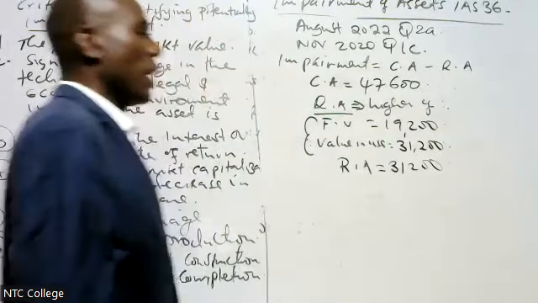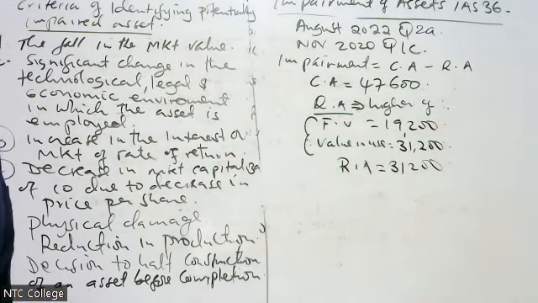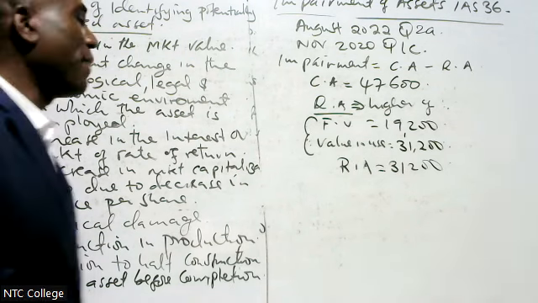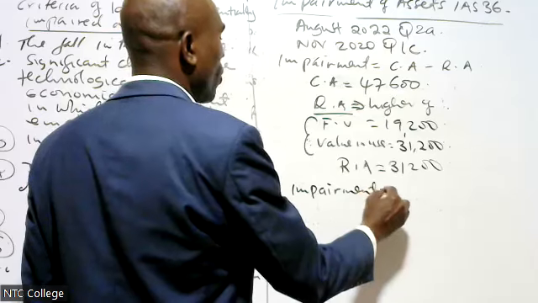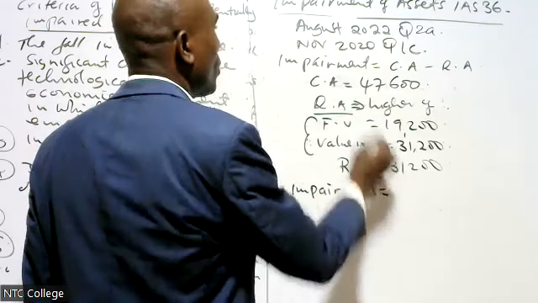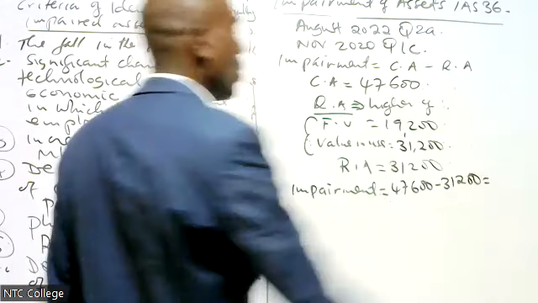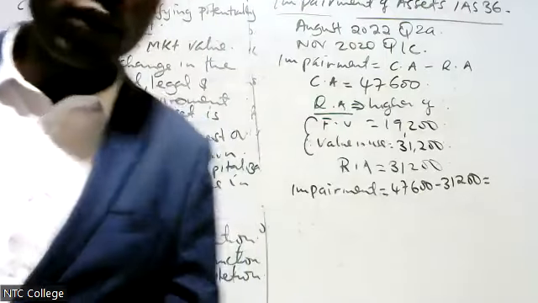That 1,200. Then, if it is that 1,200, impairment equals 47,600 minus that 1,200. Who is a good student there, to give Mwalimu the impairment loss?